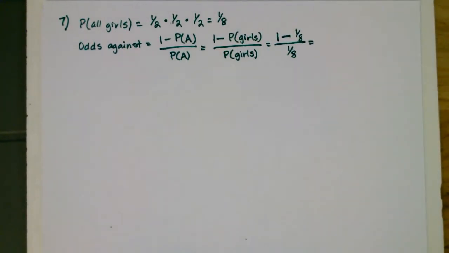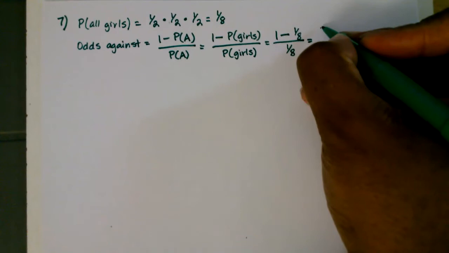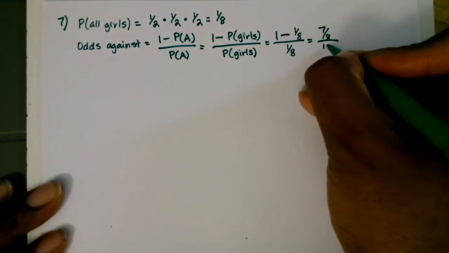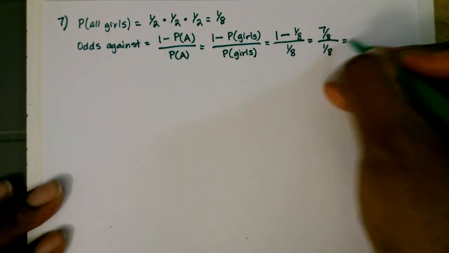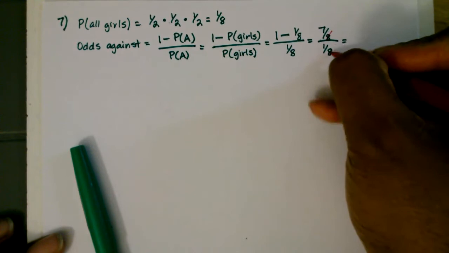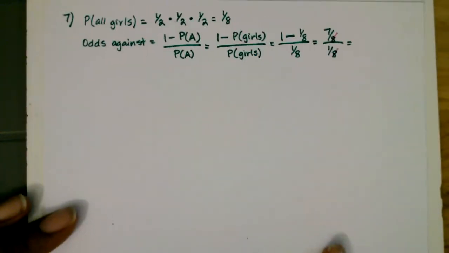Now think of 1 whole as 8/8. So 8/8 minus the 1/8 will be 7/8 divided by 1/8. And when we do the dividing here, you're going to see that these 8s divide out. So I'm left with 7/1.